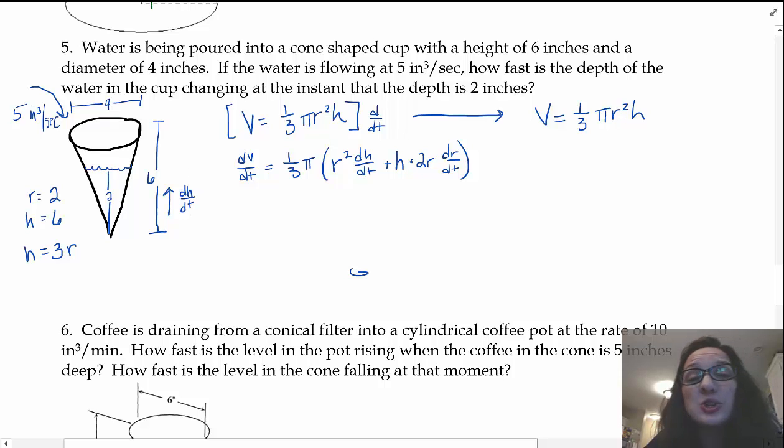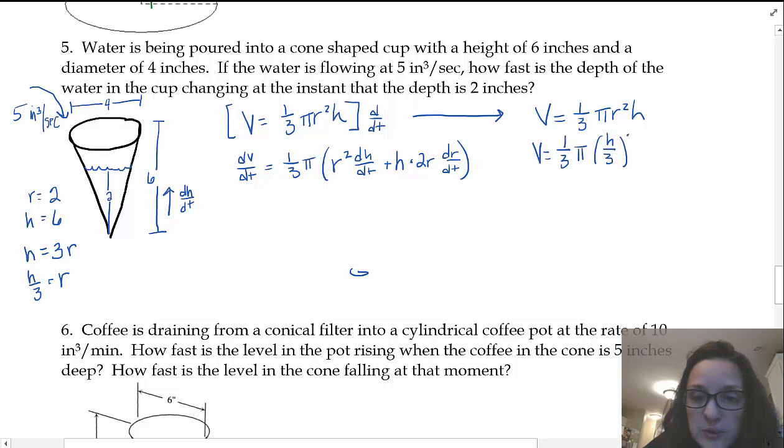However, I want dh dt, so I want to be in terms of h, which means I have to solve for r, so r is h over 3. So I can rewrite the volume for this cone as 1/3 pi r squared h, which is going to give me V equals pi over 27 h cubed.